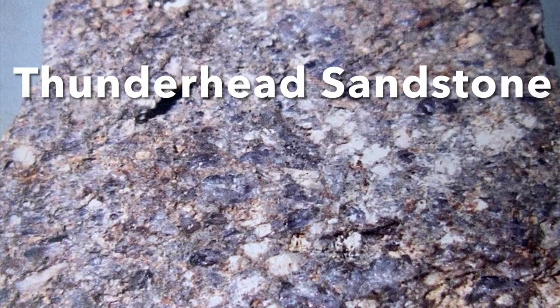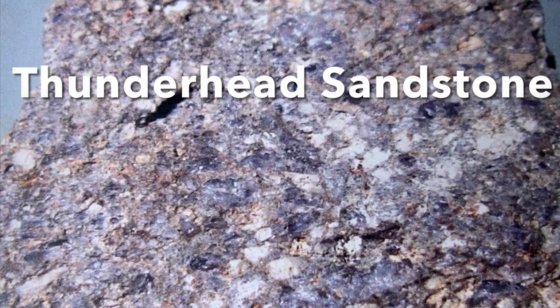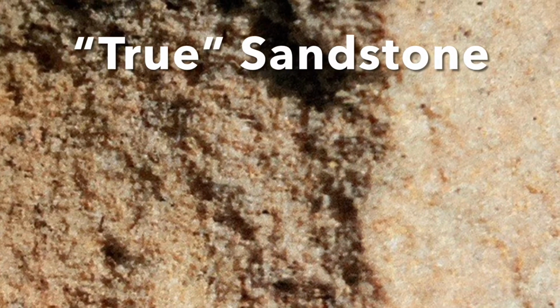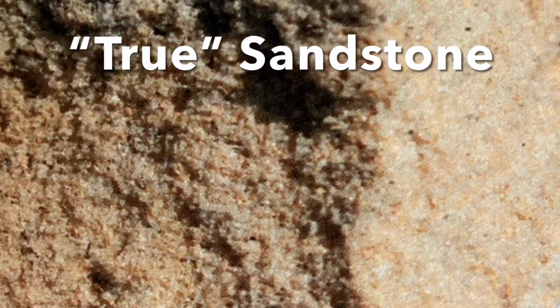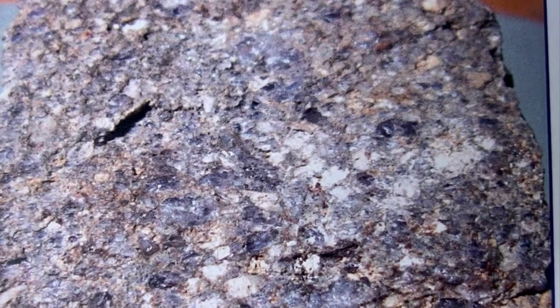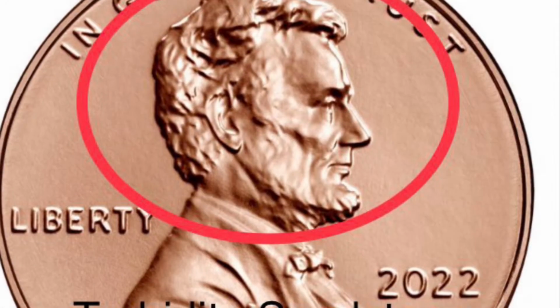And going by that name, you might suspect that it is a regular sandstone where all the grains are sand size, but in fact it is actually a turbidite deposit with clasts or big hunks that are as large or larger than Abraham Lincoln's head on the penny.